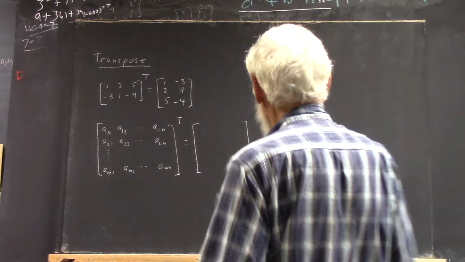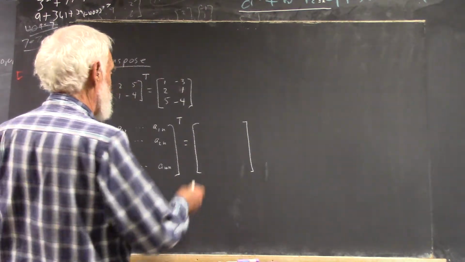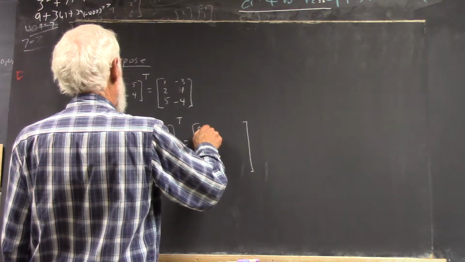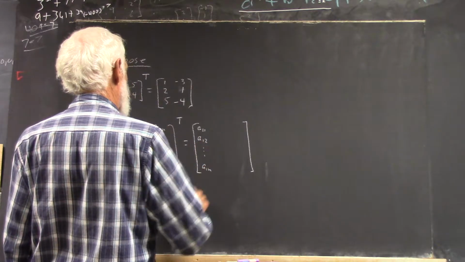Yep. Okay. Figure you'd do it right. Just give you a minute. Think it through. So you've got A11, A12 down through A1m.